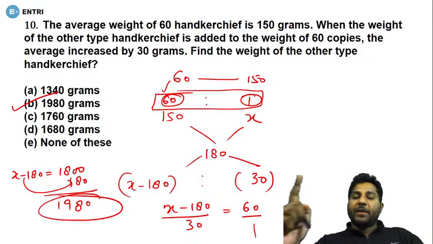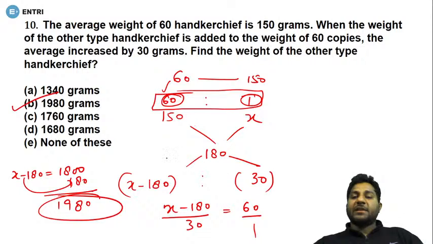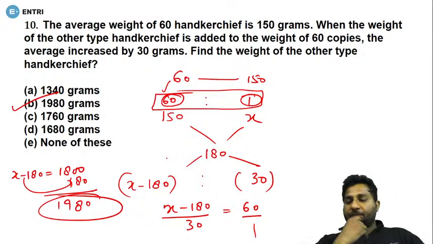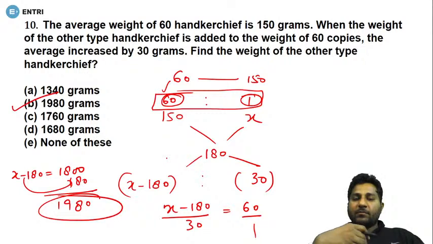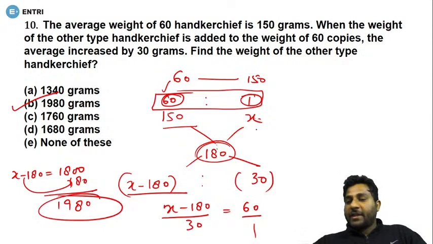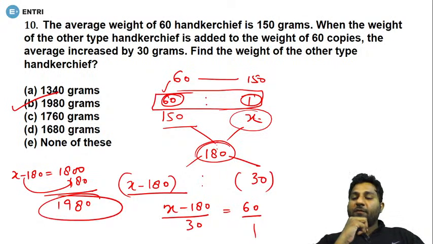After making it, we have to use the alligation, because of the concept of alligation. Look at this value. This value comes in between these two values. That means on one occasion this value will be greater than the first or second, and on the second time this value will be lesser than the first and second.